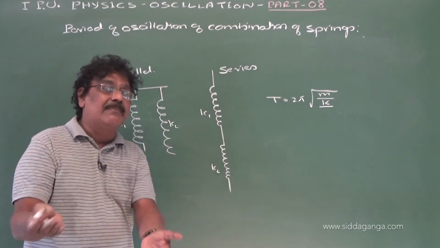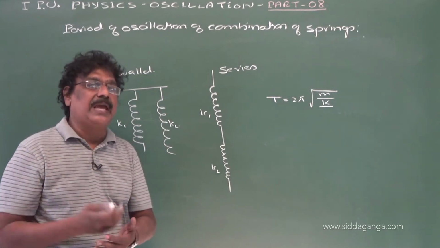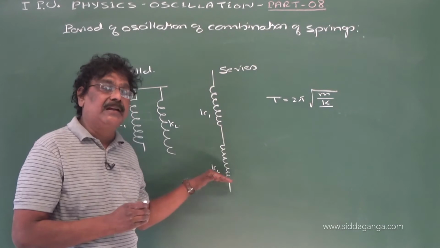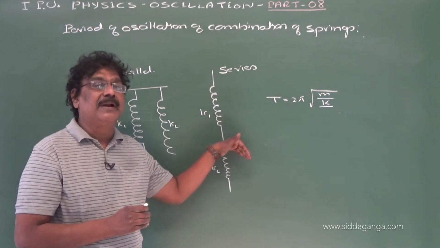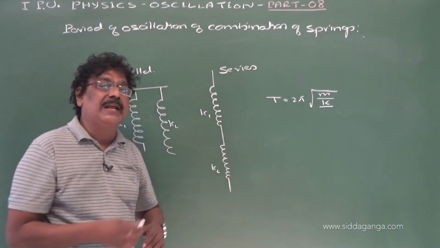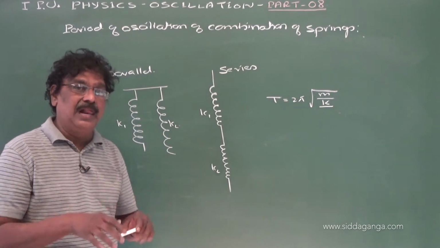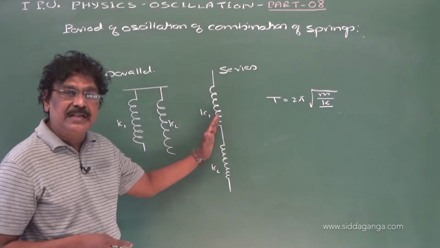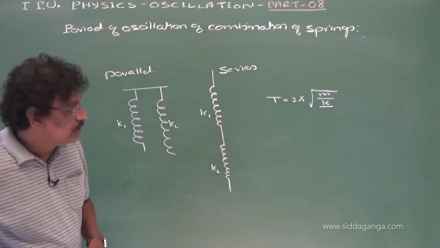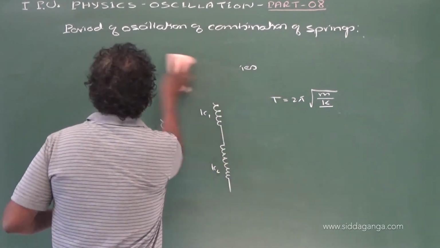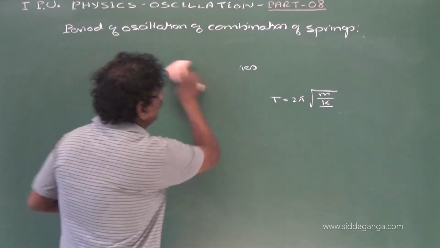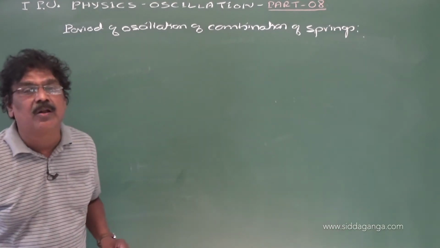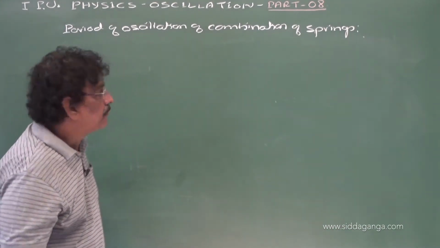In some cases K is equal to K1 plus K2, but not in the other case. It depends upon how the springs react to the externally applied forces. This is parallel combination and this is series combination. In many practical applications, we use more than one spring in series or parallel combination.